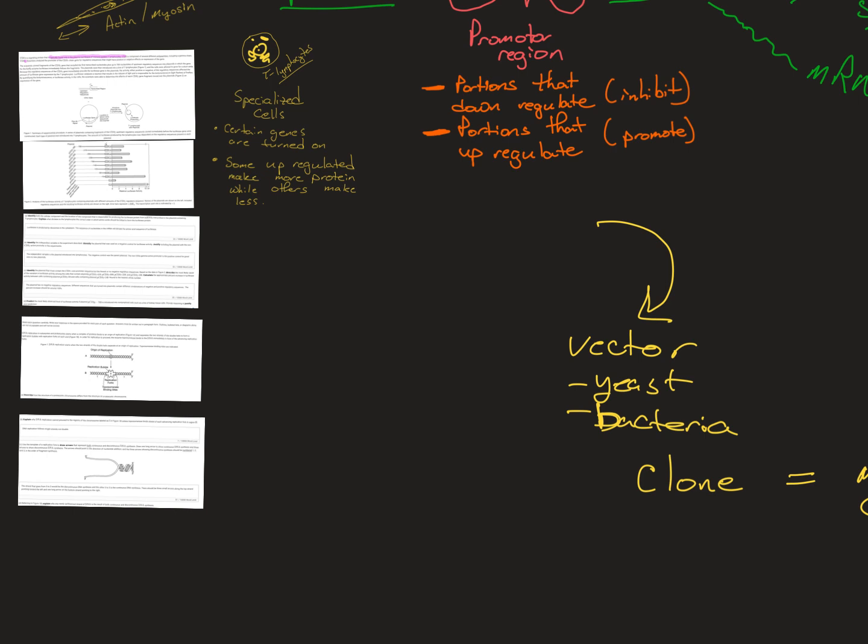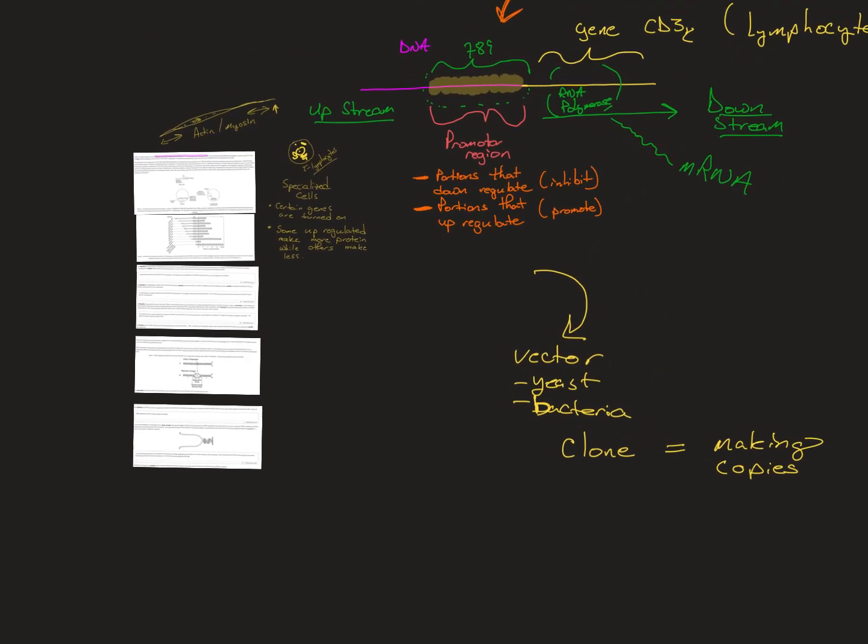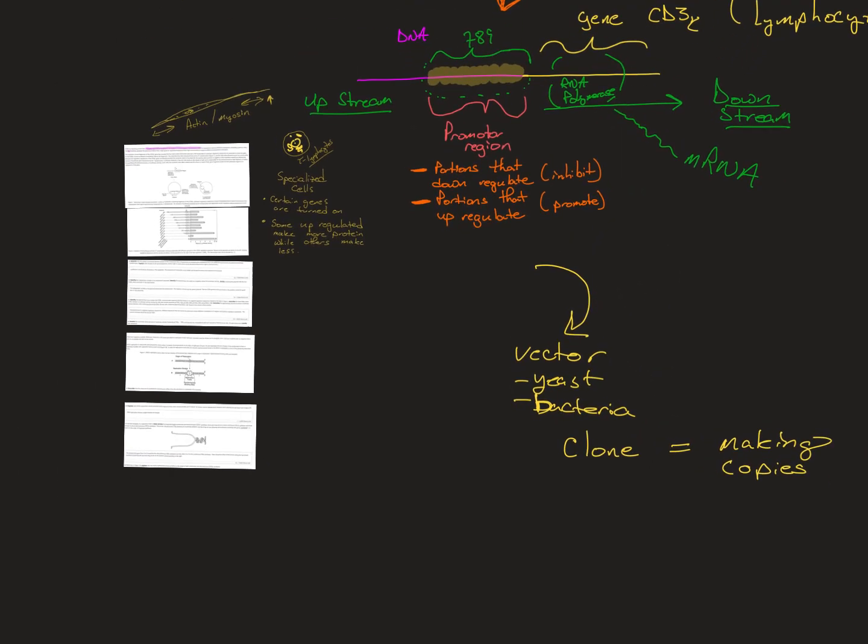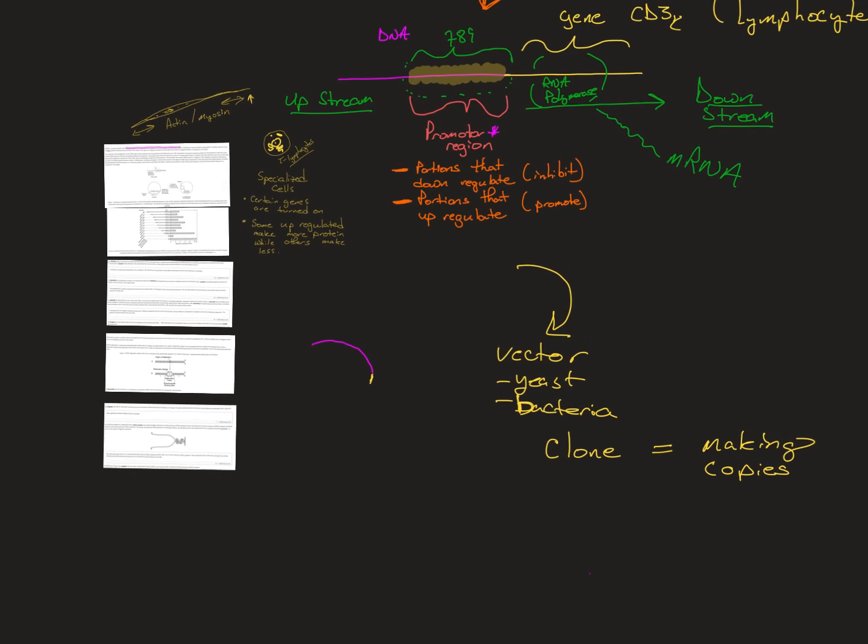It's closed off. They're going to add the promoter region, the 789 nucleotides of DNA that comes right before the gene. They're going to add a little bit of the gene. And then, because what they're interested in is looking at this promoter region and asking, is it down regulating it?